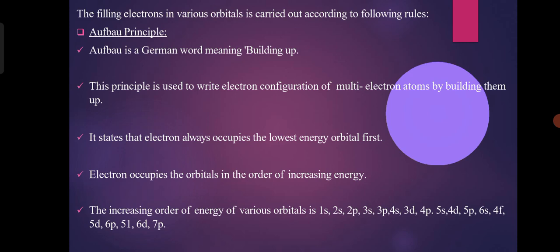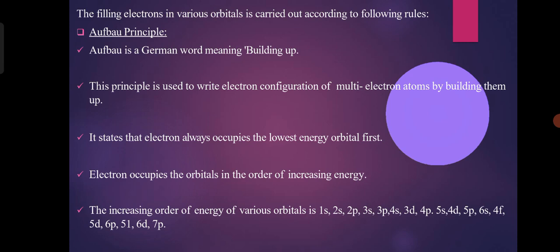The principle is used to write the electron configuration of a multi-electron atom by building them up. The Aufbau principle states that in the ground state of an atom, the orbitals of lowest energy are filled first, then the orbitals of higher energy are filled.